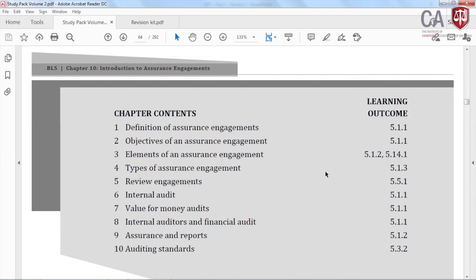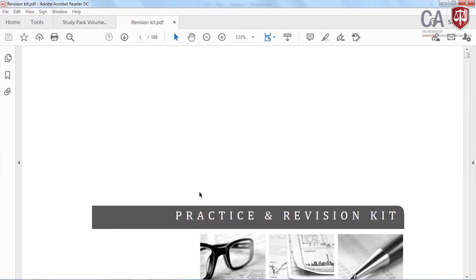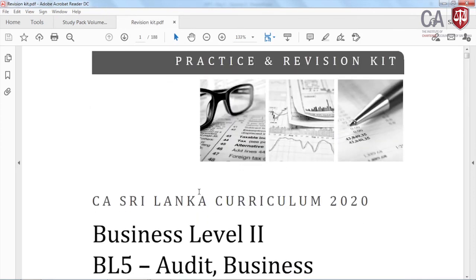So read this chapter carefully and keep a proper understanding, and at the same time, if you can, draw the auditing standard summary which I drew now. Please take a paper, draw it and keep it in the place where you are studying. After doing that, come to the revision kit. Please take the revision kit and don't look at the answers.